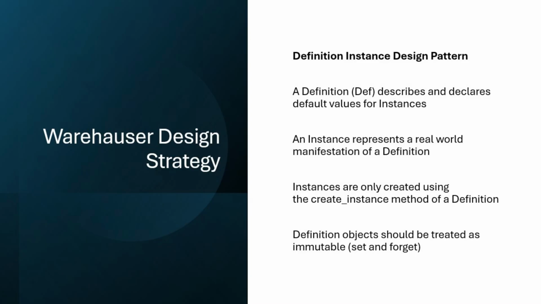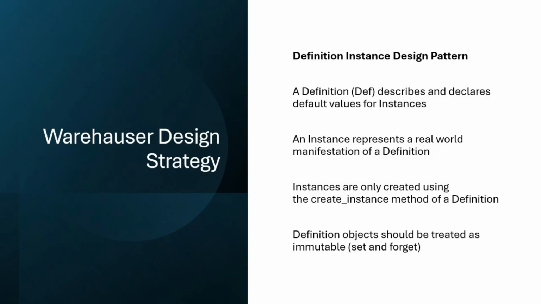Warehouser has two kinds of models, what we call definition or def models and instance models. Each definition model has a corresponding instance model. Definition models contain a subset of data members in common with the instance model, which are used to supply default values when creating instance objects.